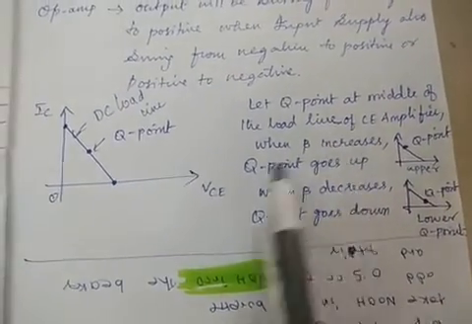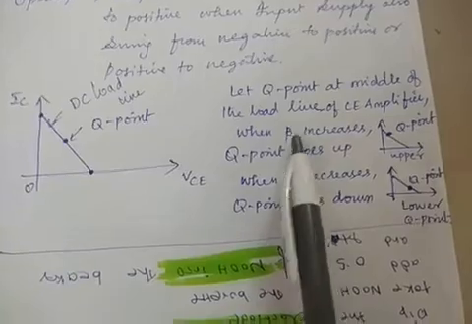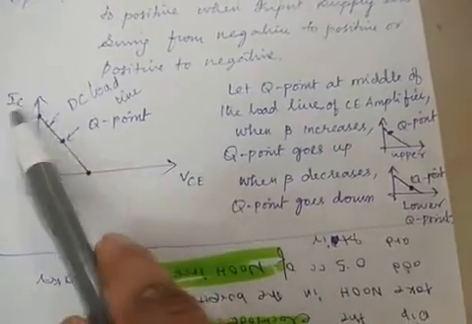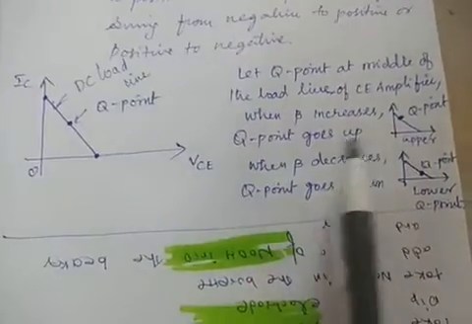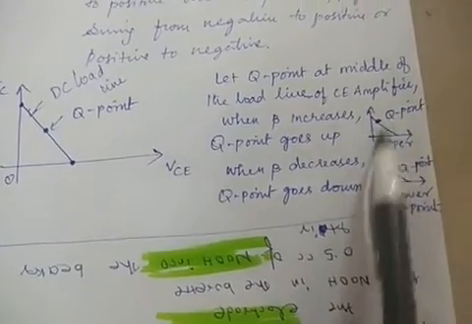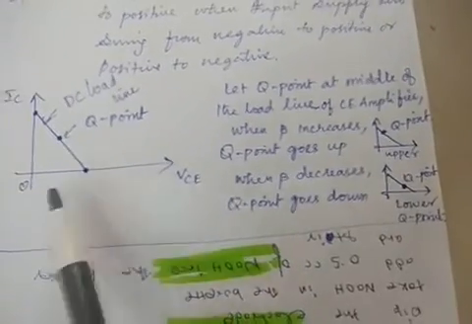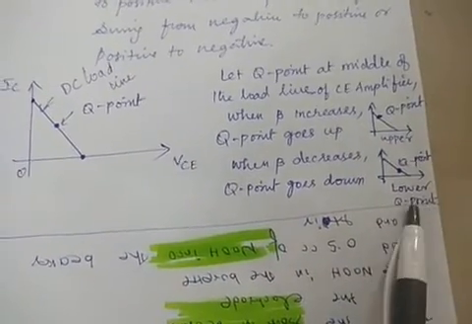When beta increases, the Q point goes up. Beta means current gain, right? If beta increases, automatically IC is increasing. Understood? So the Q point goes up. So like this, that is the upper Q point. And when beta decreases, the Q point goes down. That is the lower Q point.